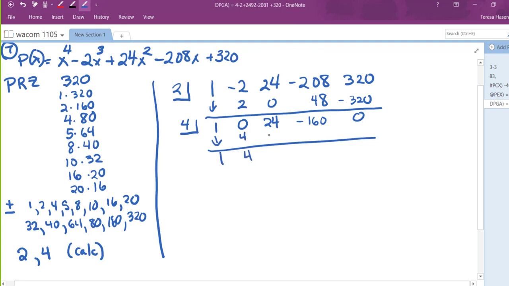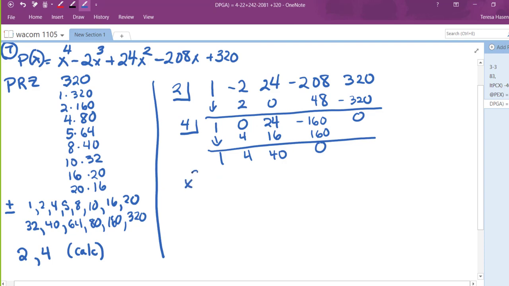So 4 4s are 16, and this one gives us 40. 40 times 4 is 160, and we get a 0 there, which is good because that just verifies that's a 0. This is what we really wanted out of that problem, and it is now a quadratic because this was 4, this was 3, this is 2.